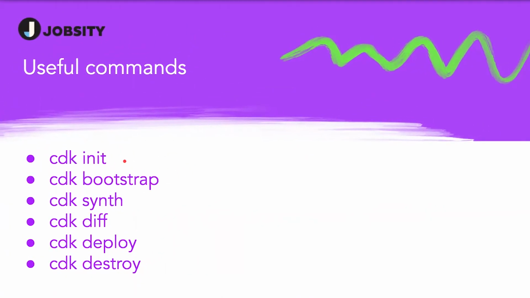First, if you install your tool, you will have to init your project, right? Most front-end developers maybe use create React app to bootstrap your code, and this is what this command does.